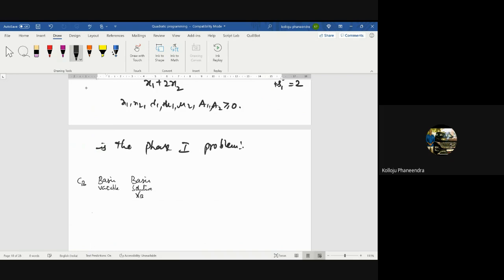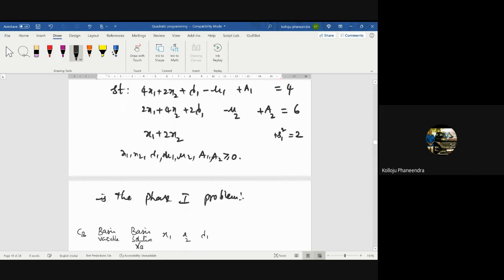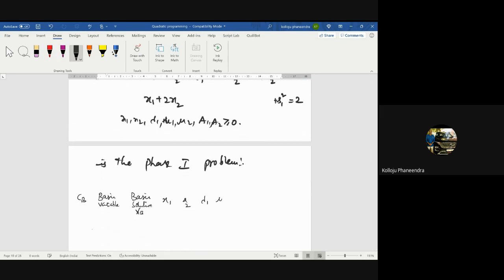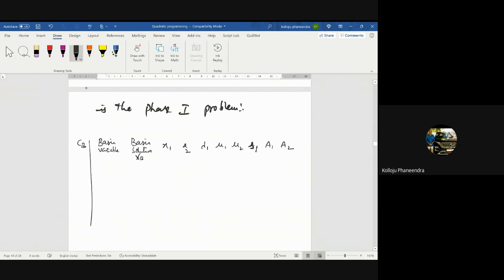Next, list all the variables: x1, x2, lambda 1, mu 1, mu 2, s1, a1, a2, as separate columns.